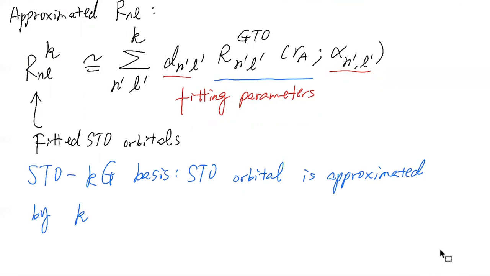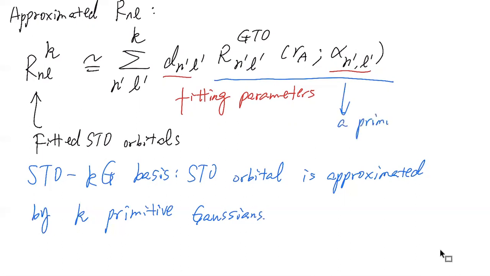Each Gaussian here is actually called a primitive Gaussian. Each term here is called a primitive Gaussian function. So of course you have K terms, right? You have K terms here.